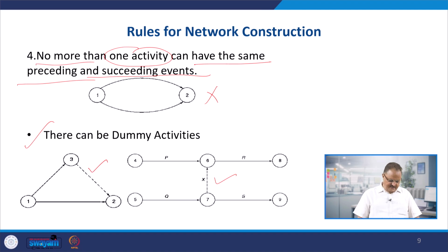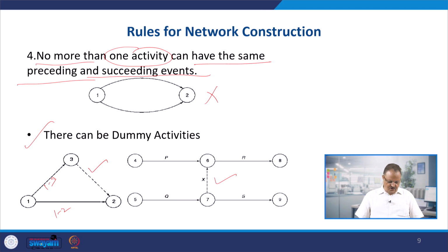So, we are performing the activities here 1 to 3 and 1 to 2. These are the 2 activities. But certainly if there is a connection between 1 to 2 and 1 to 3, so there must be a connection between 2 to 3 also.